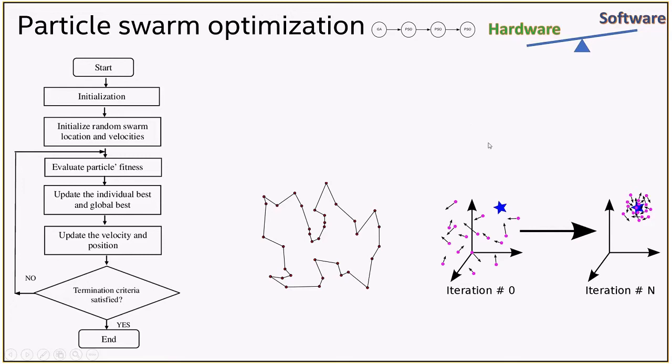This is one population, and there might be another population. The other population will have its own local best. The global best is among the different populations, and then it will update the velocity and the position.